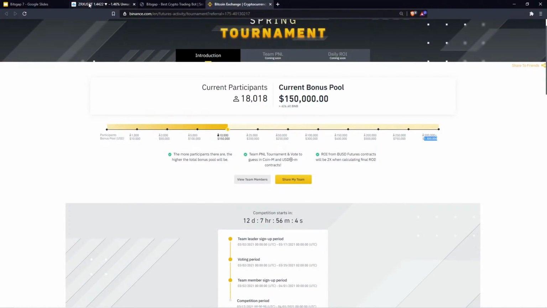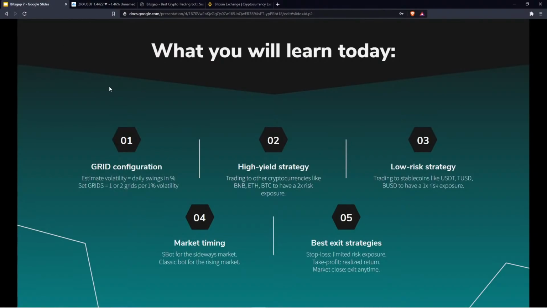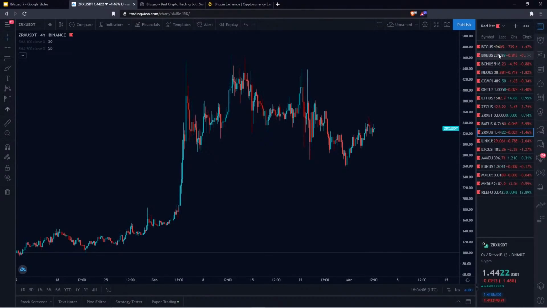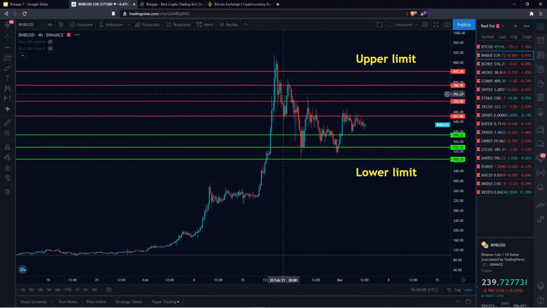So let's continue with today's agenda, and we will start with the nature of automated trading that we have at Bitsgap. And for that I have prepared this page for you.